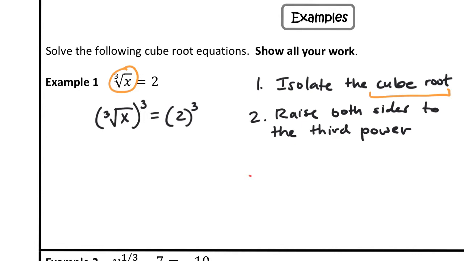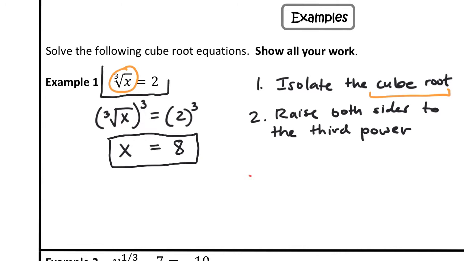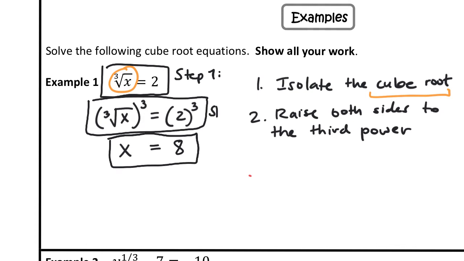That leaves me with x equals, and what is 2 to the third power? That's 2 times 2 times 2, which is 8.